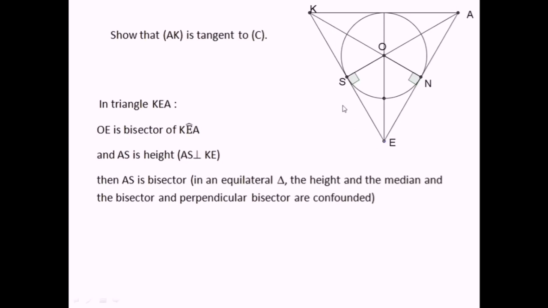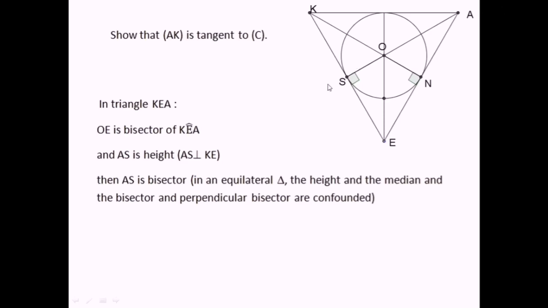Because in an equilateral triangle, the height is the median, is the bisector, is everything, is the perpendicular bisector. In an isosceles triangle, issued from the main vertex, but this is an equilateral triangle, so even more. So any height is a bisector, is a median, is everything. So in an equilateral triangle, the height, the median, the bisector, and the perpendicular bisector are all confounded.